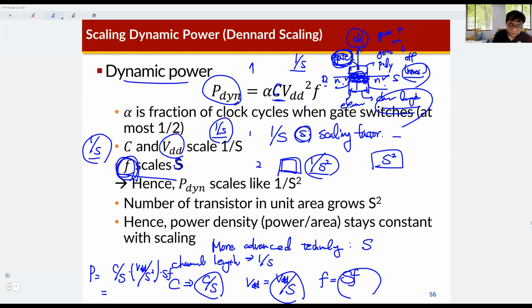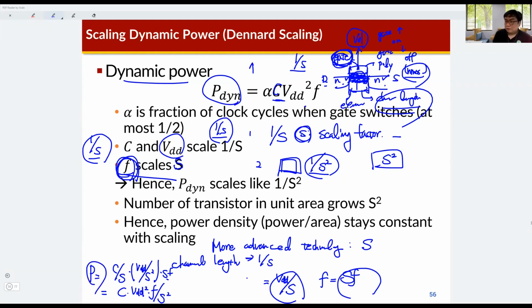So that means C VDD squared F divided by S squared, right? Understand?